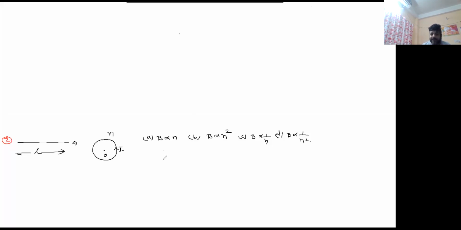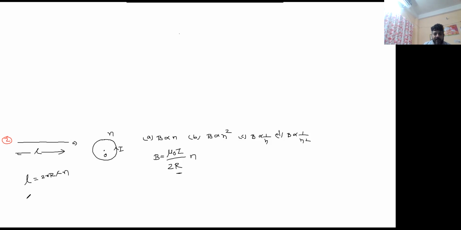See, first of all, the formula of magnetic field is mu naught I by 2r into n. The normal formula is mu naught I by 2r, and for n turns the value is multiplied by n. Now, as a wire of length L is made into n turns, I have to express this r in terms of L. L is the circumference, 2 pi r, times the number of turns n.